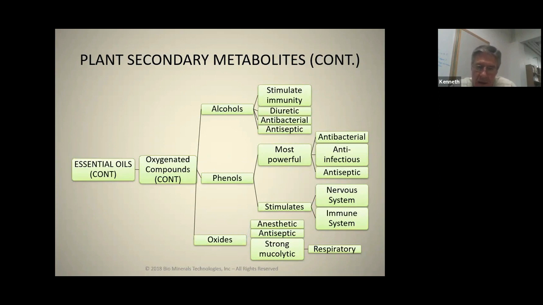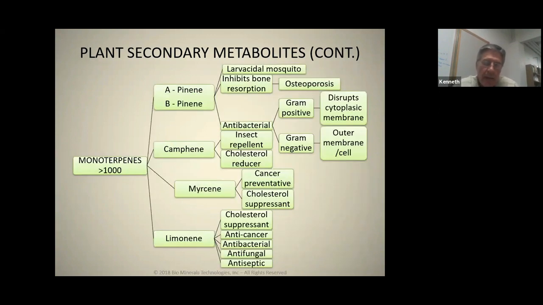Our oxides are anesthetic, antiseptic, and help with our respiratory systems. Now, we look at one group, the first one in our hydrocarbons of our essential oils, monoterpenes. We have alpha-pinene and beta-pinene. This stops the absorption of our bone material.